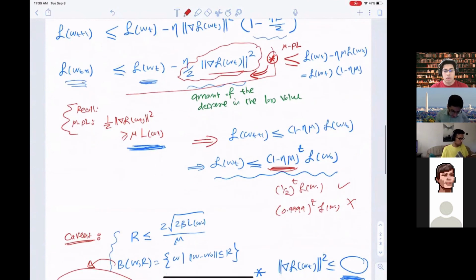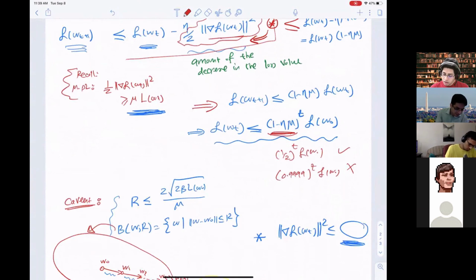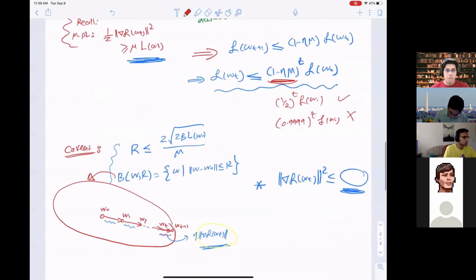And then you can use that. I'm not going to go into the details. You can use that and show that if the radius is set to be this number, then even after infinite iterations using this dynamic, we are going to remain in this ball.